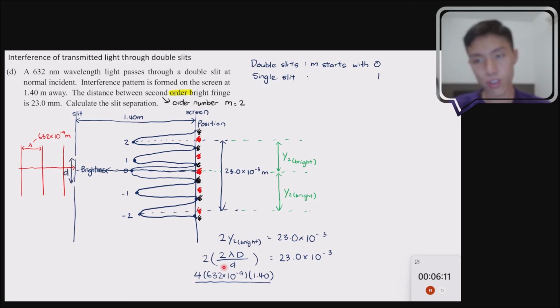Small d here is the slit separation, which you are asked to find, and it is equal to 23.0 times 10 to the power of -3. So we can calculate it, and you find that the slit separation d is equal to 1.54 times 10 to the power of -4 meter.